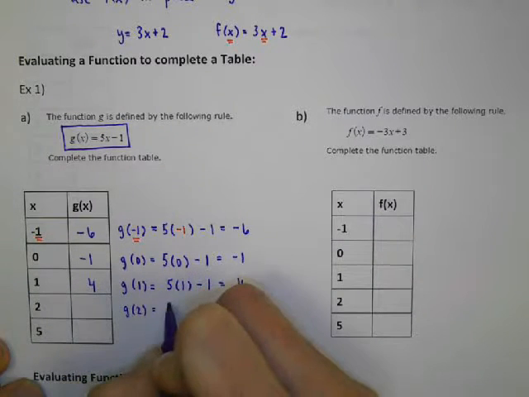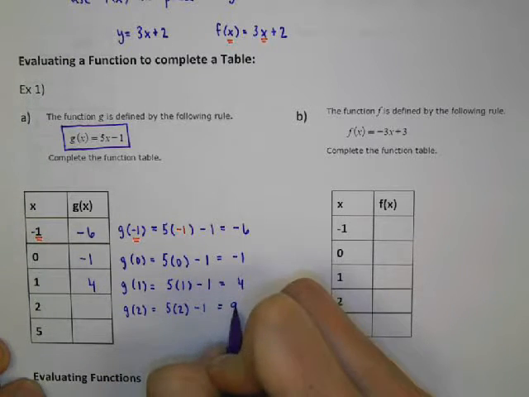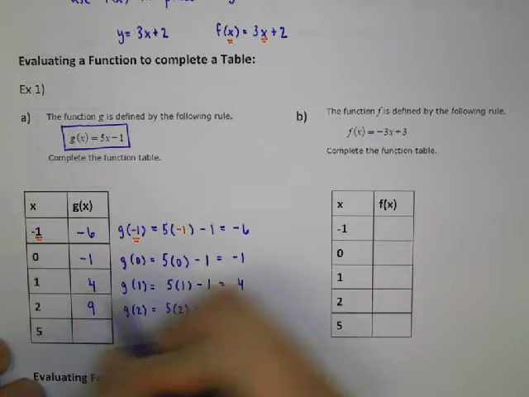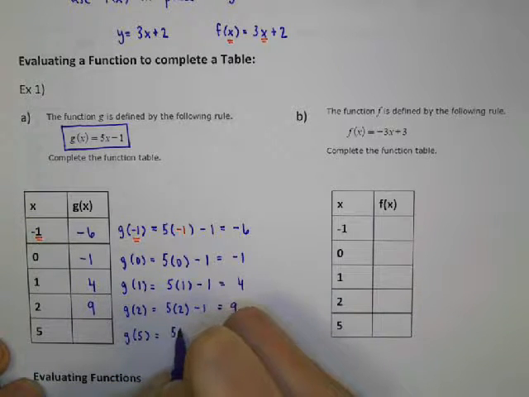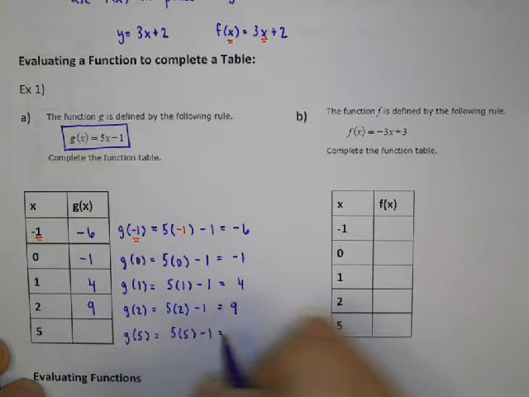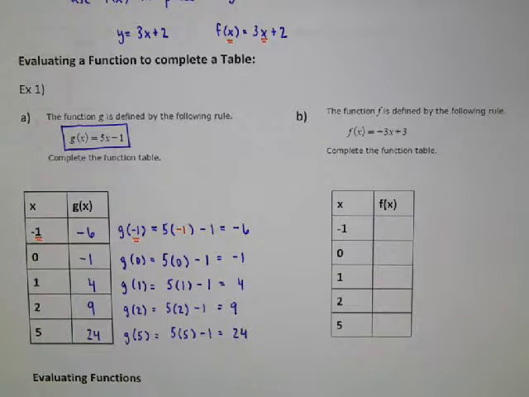G of 2 is 5 times 2 minus 1, which is 9. And g of 5 is just 5 times 5 minus 1, or 25 minus 1, which is 24. And so that's how we're going to fill out a table using a function. Again, it's just the same as how we created our tables before. The notation is just a little bit different.